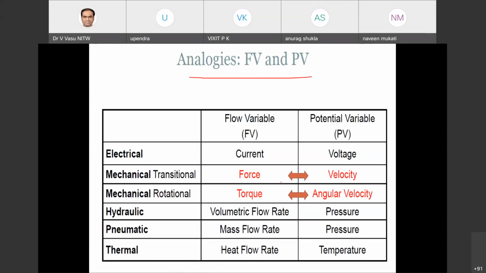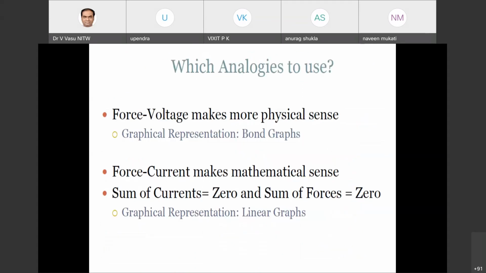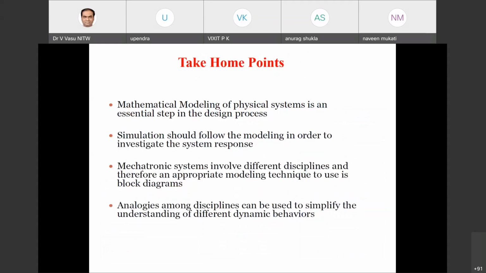These are the two important analogies used for simplification. The force-voltage analogy is mainly used in bond graphs, whereas the force-current analogy is mainly used in the mathematical scenario or block diagram representation.